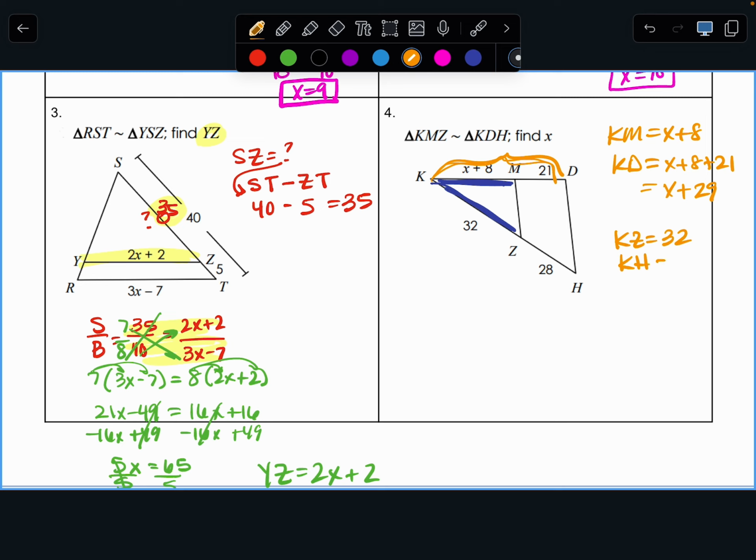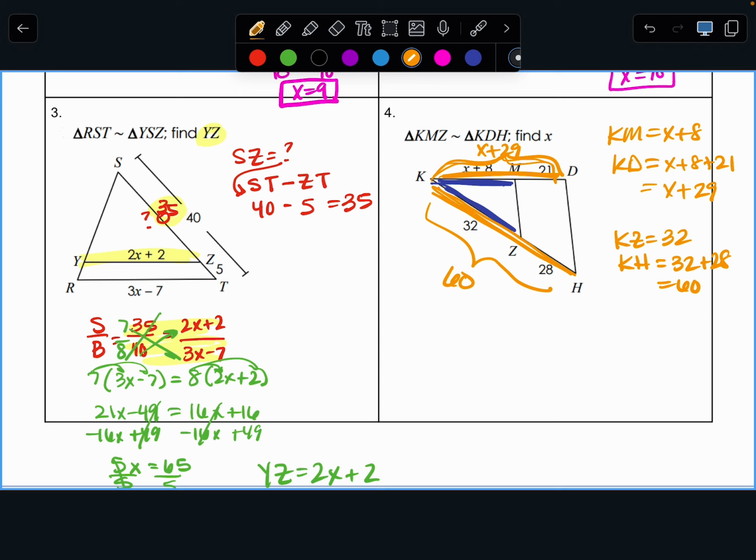What's KH? 60, because it's 32 plus 28, which is 60. So this is x plus 29, and this piece is 60. And I need those because those are the sides that I'm comparing. I'm comparing the whole side after I did part of it and the whole side here.